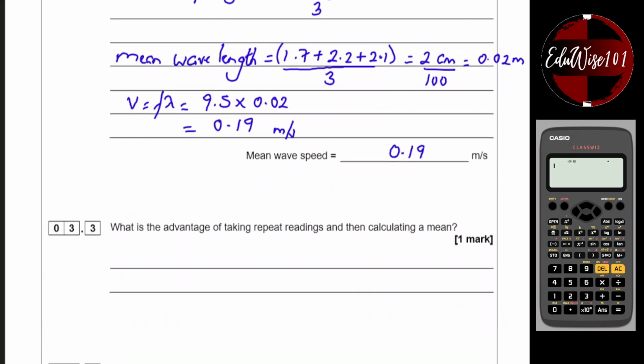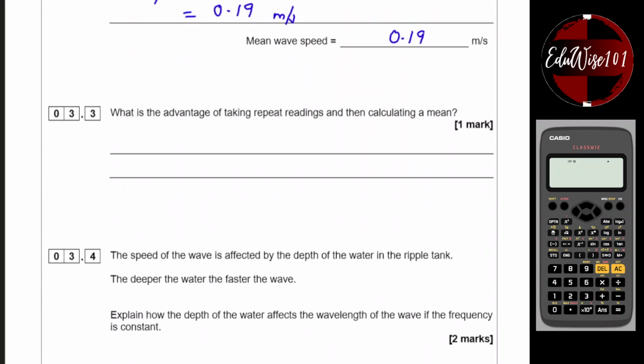Question 3.3. What is the advantage of taking repeat readings and then calculating a mean? There are a number of different reasons.